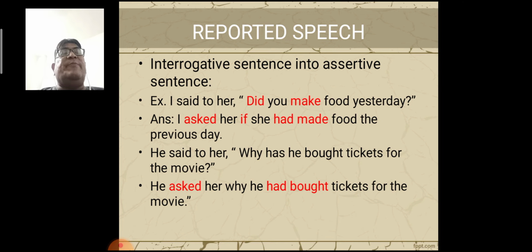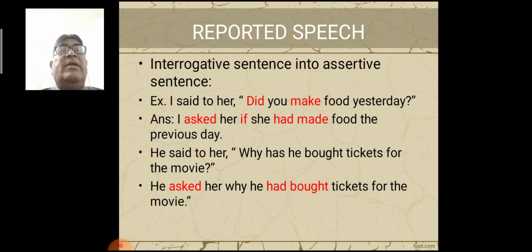So in indirect speech double inverted comma is removed, even question mark is removed, and in place of that we have to use full stop because we are changing from interrogative into assertive sentence. To connect the sentence, we have to use if. So the answer would be, I asked if she had made food the previous day.